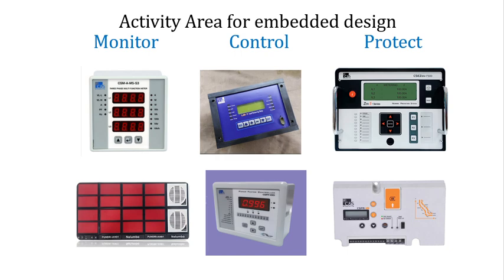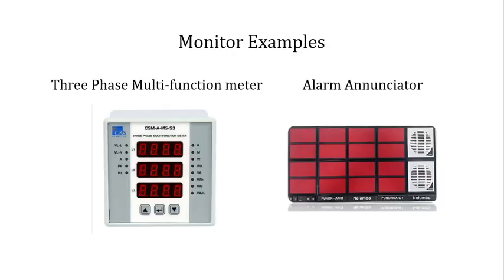Multifunction meter shows various parameters like three-phase voltage, currents, power factor, kilowatt, kVA, and so on and so forth. It is quite challenging. It is absolutely challenging, and you should know how to measure these quantities before you display them.